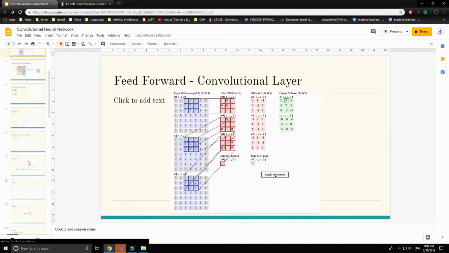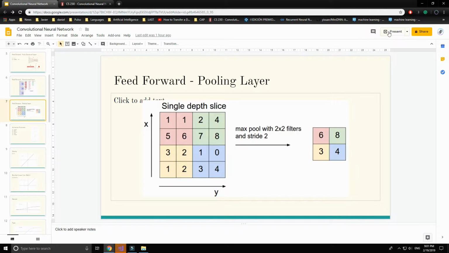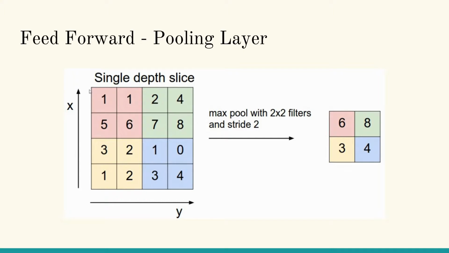So now let's continue with the pooling layer. The pooling layer is as simple as that. You get a minor matrix, you take the maximum of the numbers, and you output it in one box.